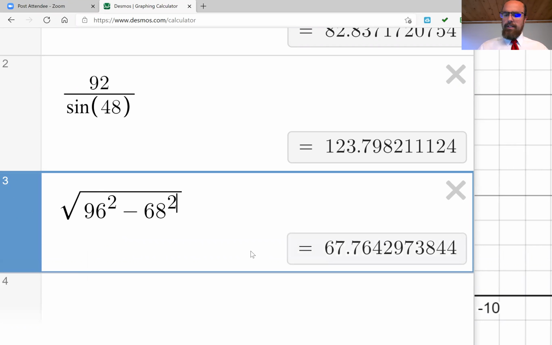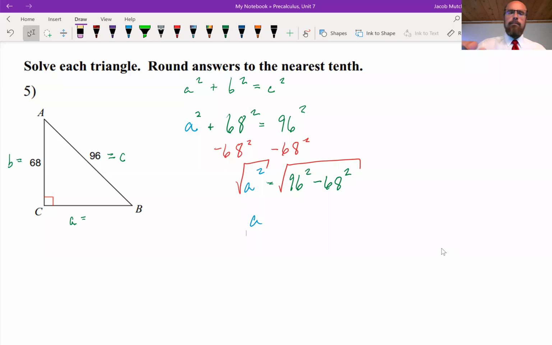And that's giving us an estimated value of about 67.8. We'll head back to our notes to finalize 67.8. That finishes finding all three of our side lengths, 67.8. So I'll write that in here.